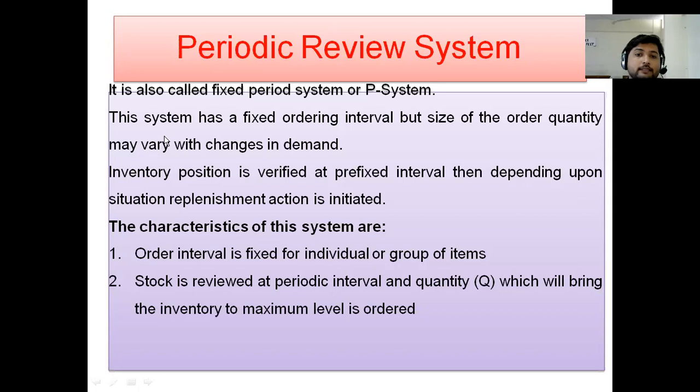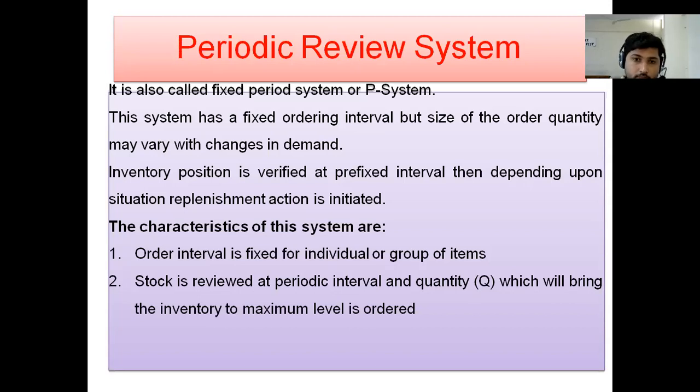So this system has a fixed ordering interval, but the size of the order quantity may vary with changes in demand. Inventory position is verified at a prefixed interval, then depending upon the situation, replenishment action is initiated.